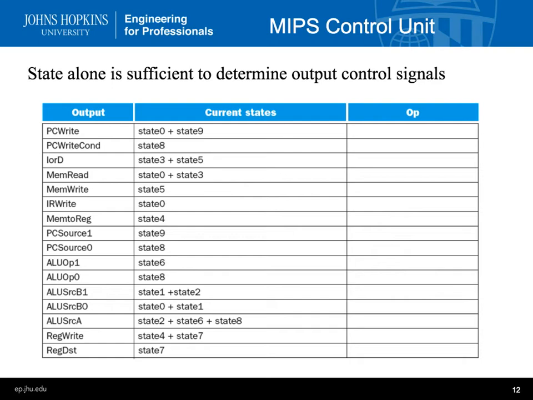The PC write control signal is always on when you're in state 0 or 9. So this is, I'm writing a new value of the program counter, and that's going to be true if I'm in state 0 because I'm just adding 4 to the program counter, or state 9 where I'm doing a jump. PC write conditional, our conditional is branch on equal, so if I'm in state 8, I'm going to branch on equal, and this is true. So these are saying that when each control signal is set can be determined just by what state you're in.